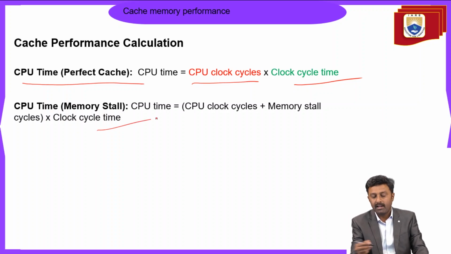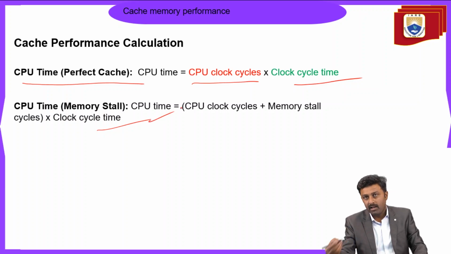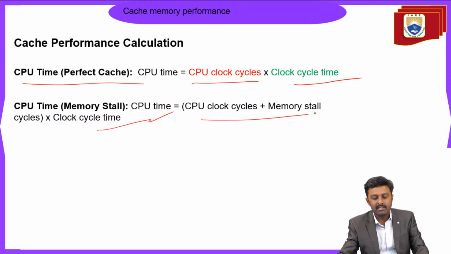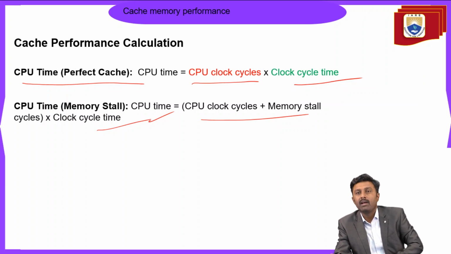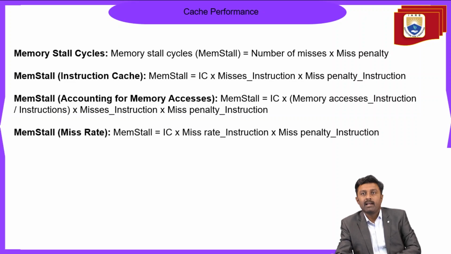Then the memory stall is the waiting period during which the processor waits because the cache does not have the data to give. So it has to take it from the main memory. That total time is the CPU time: CPU clock cycles plus the memory stall cycles, times the clock cycle time. So the total time period will be calculated in this case.